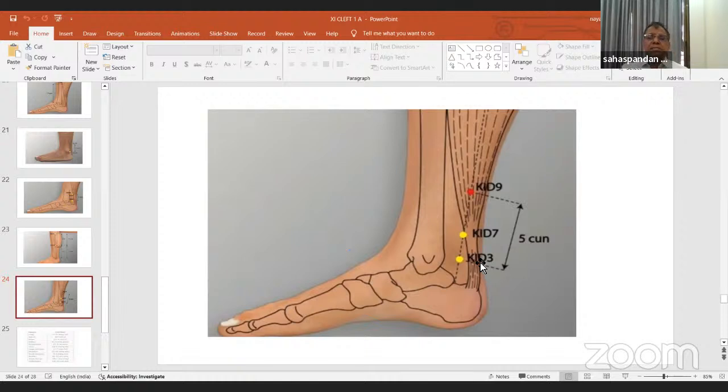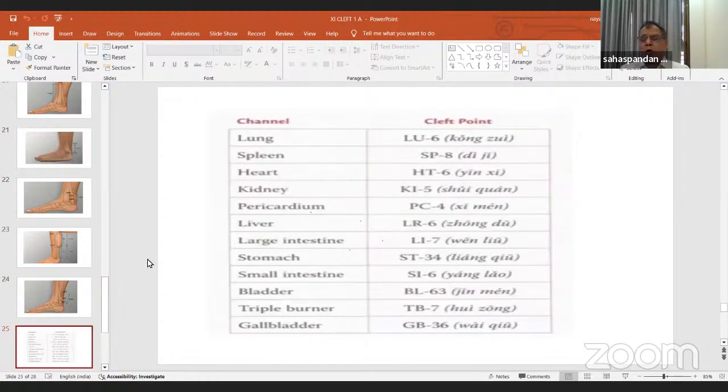So let us summarize the Xi-Cleft points of the 12 meridians.